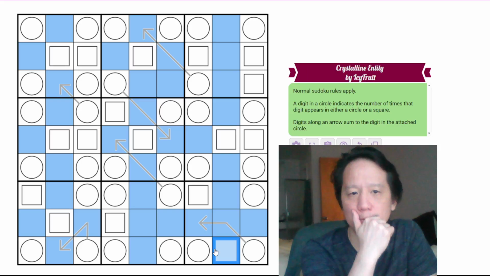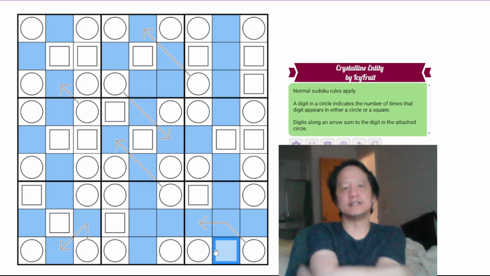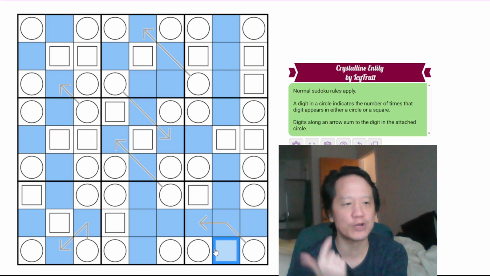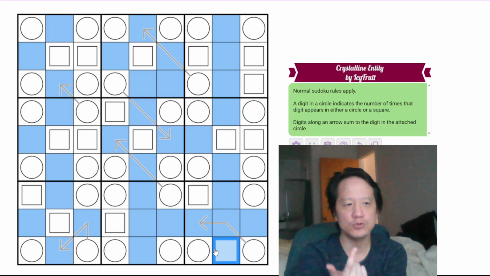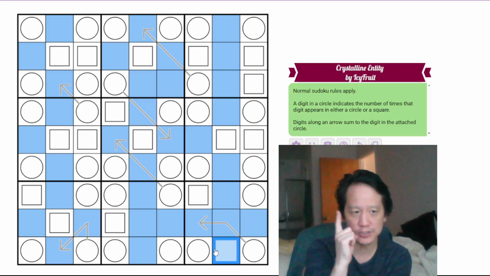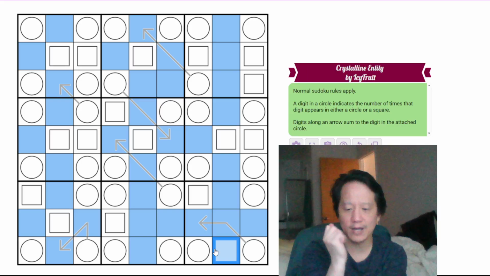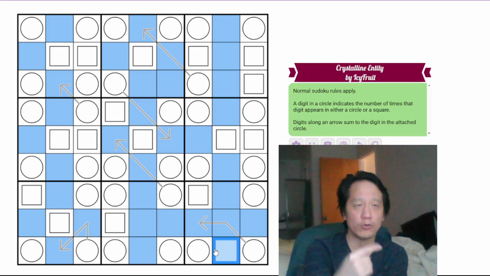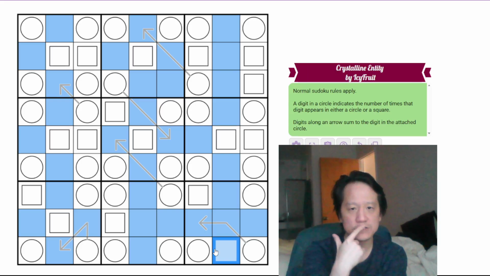Fascinating. And you have to have that because it's 47 digits. So you can't have all the digits in a circle. You have to have a digit appear not in any circles, but appear in a greater amount of squares.